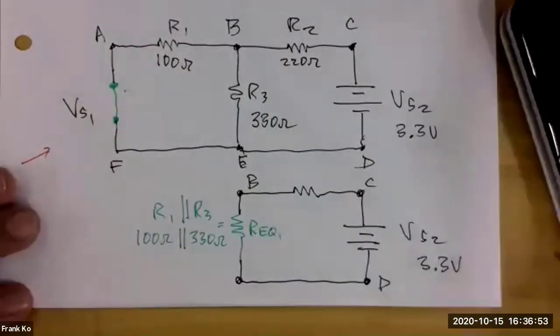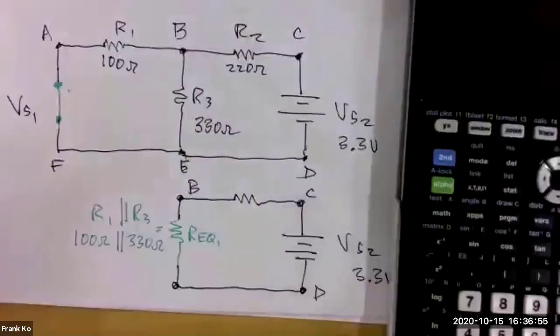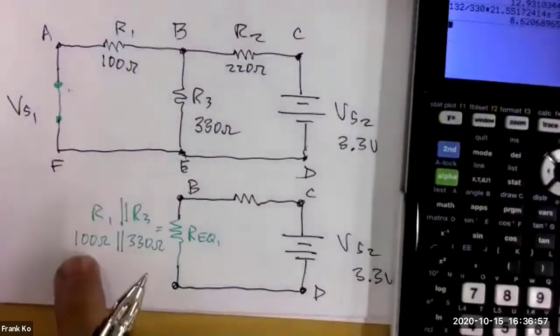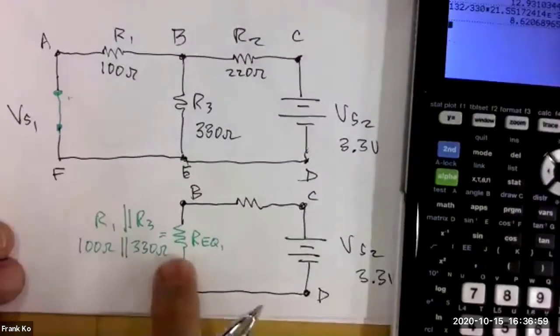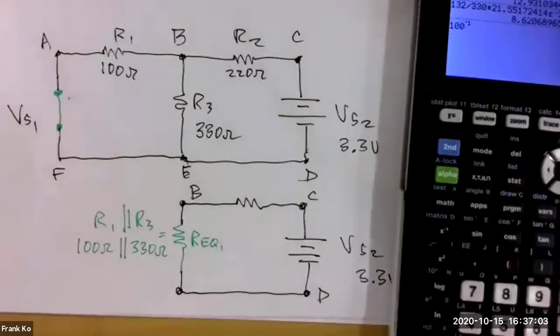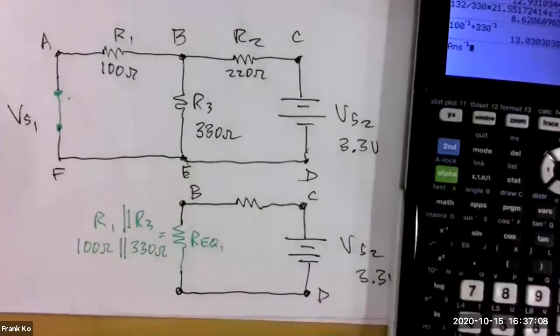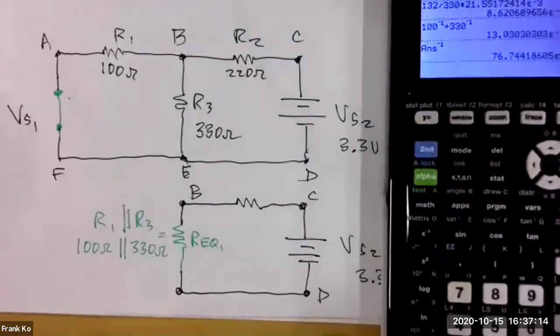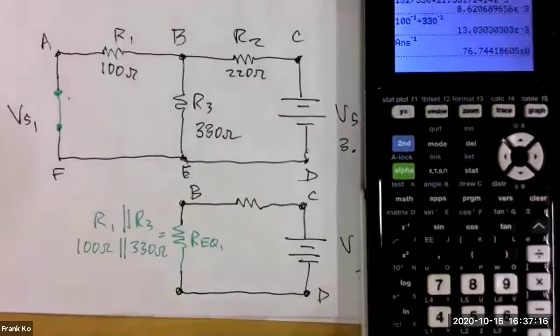So guess what, Jacqueline? Guess what I'm going to ask you to calculate next, if you haven't already done this, is R1 of 100 ohms parallel with R3 of 330, and that works out to be what value? 76.74. And I would concur with 76.74 ohms.